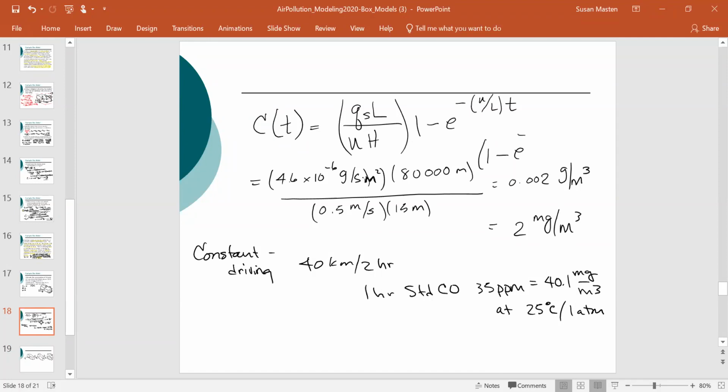So this would become 1 minus e to the minus U, 0.5 meters per second, over 80,000 meters, times the time, which would be the 2 hours, and I have to multiply by 3,600 seconds per hour. So thank you for realizing that I somehow left off that e term, and it does need to be there. I appreciate that.